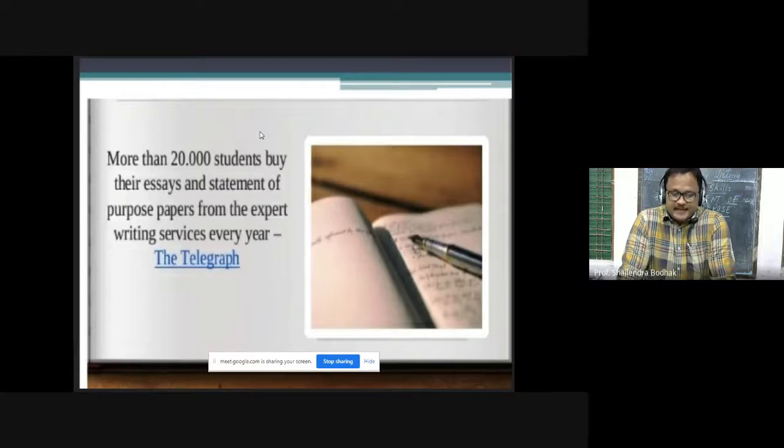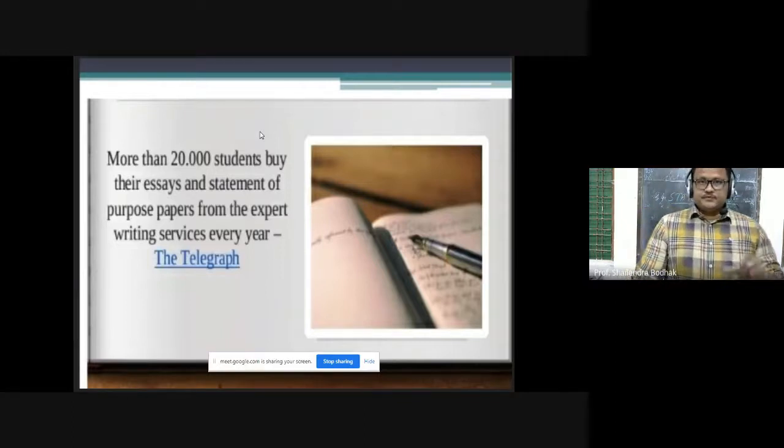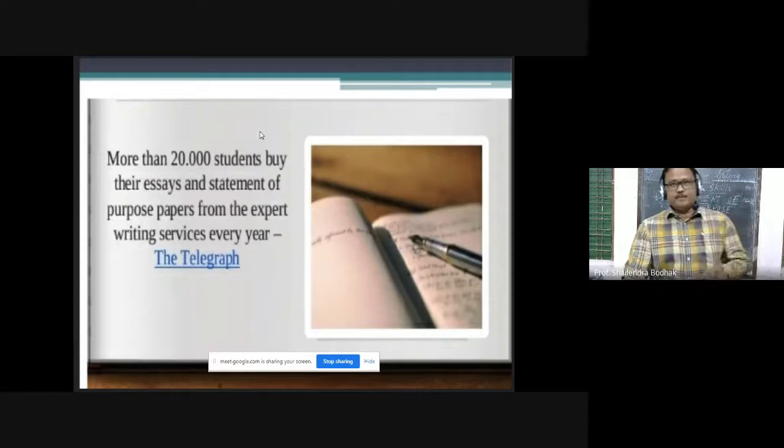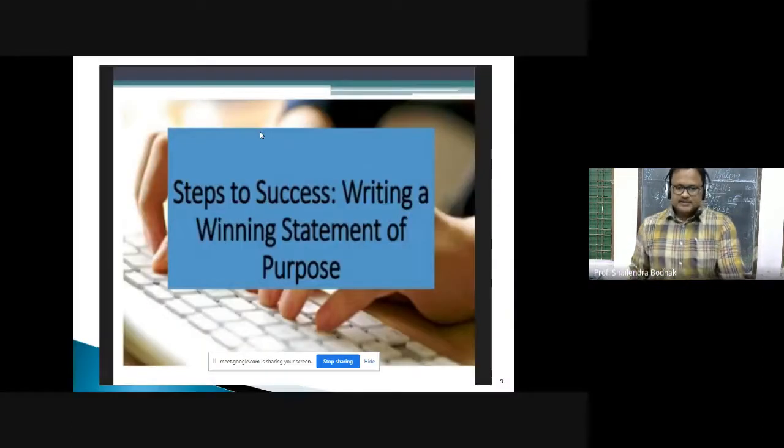So, it is better to try to write the SOP on your own. It should be self made. Then, steps to success, writing a winning statement of purpose.